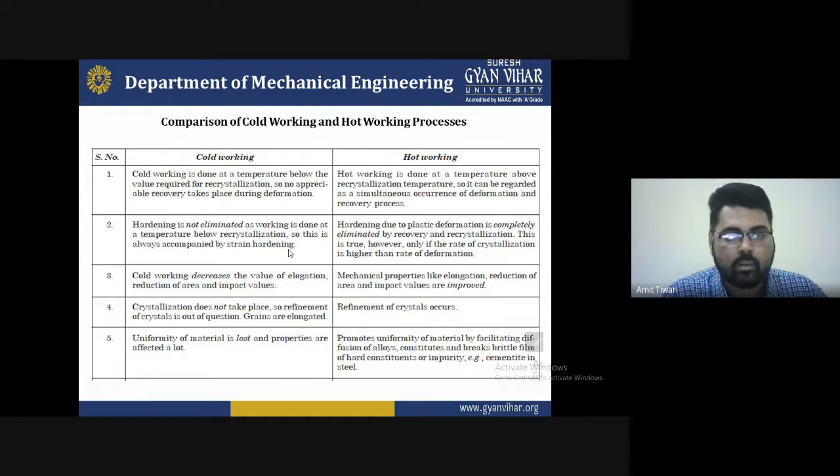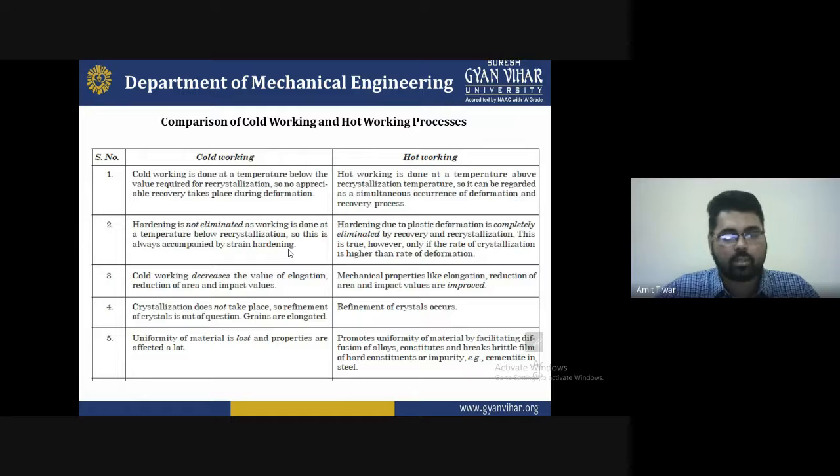In cold working, the first point is that it is done at a temperature below the value required for recrystallization, so no appreciable recovery takes place during the deformation. In hot working, it is done at a temperature above the recrystallization temperature.